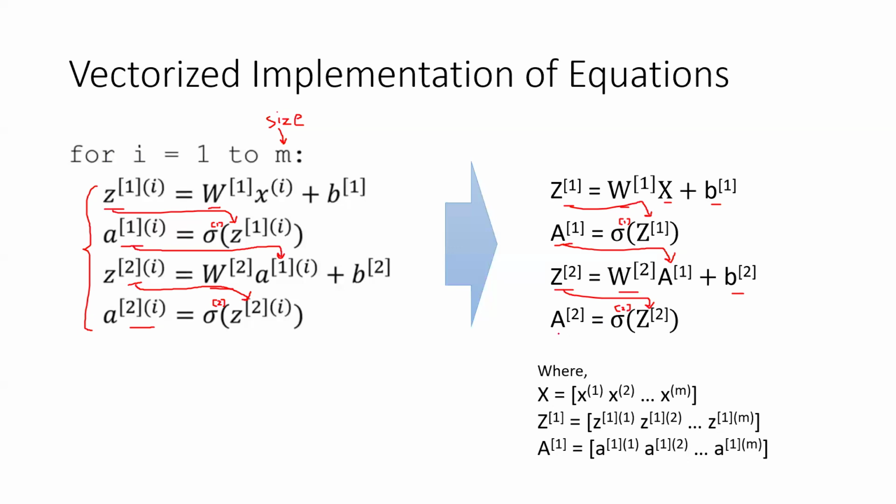Then you will get A2, which is the matrix corresponding to the output of the second layer. If there are only two layers, this may be the final output, which is the y hat. Otherwise, the output of the second layer can be used as the input for the third layer, and so on, right?